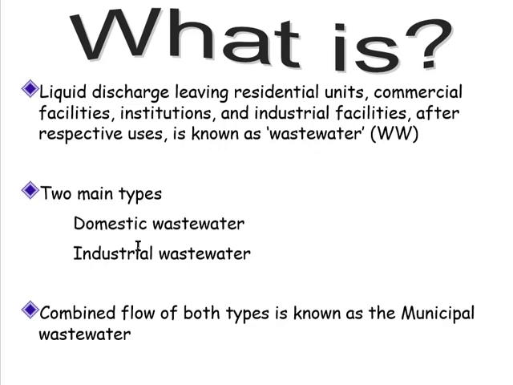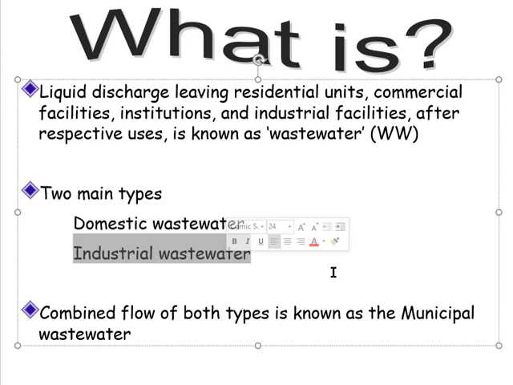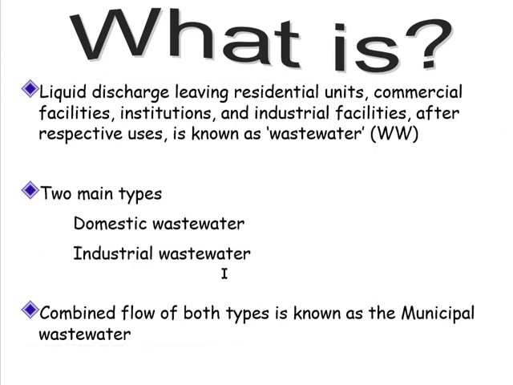There are basically two types of wastewater classification: domestic wastewater and industrial wastewater. Domestic is that which is coming mainly from houses. Industrial consists of the wastewater coming from the industrial and commercial setup. Both types of wastewater have different characteristics.